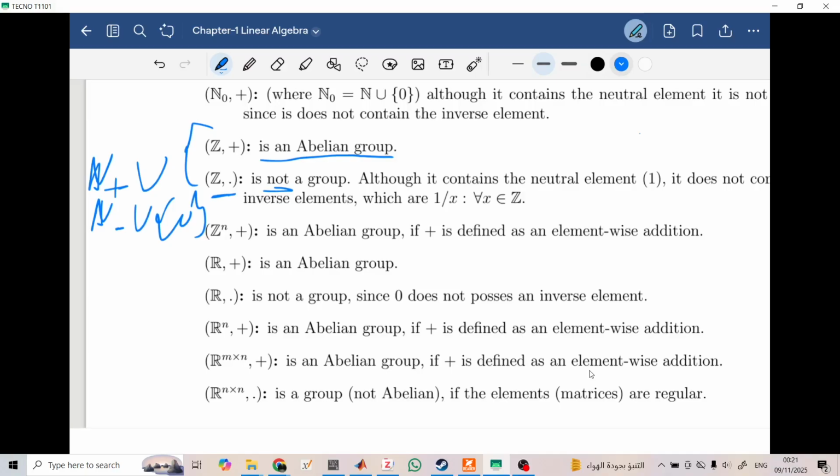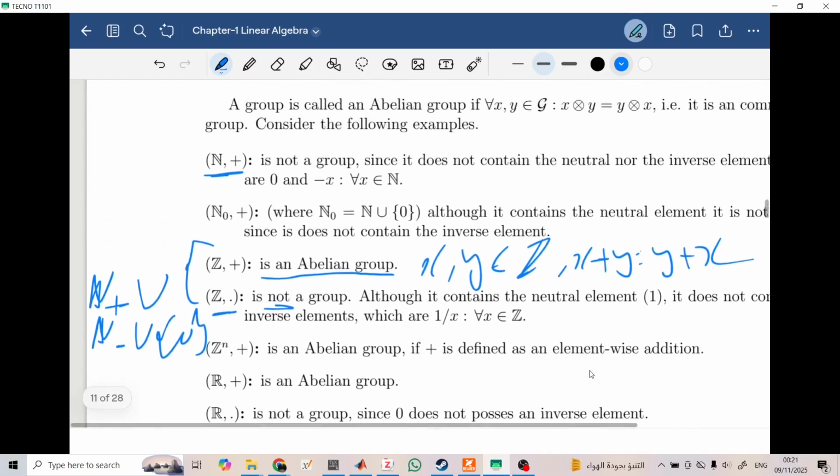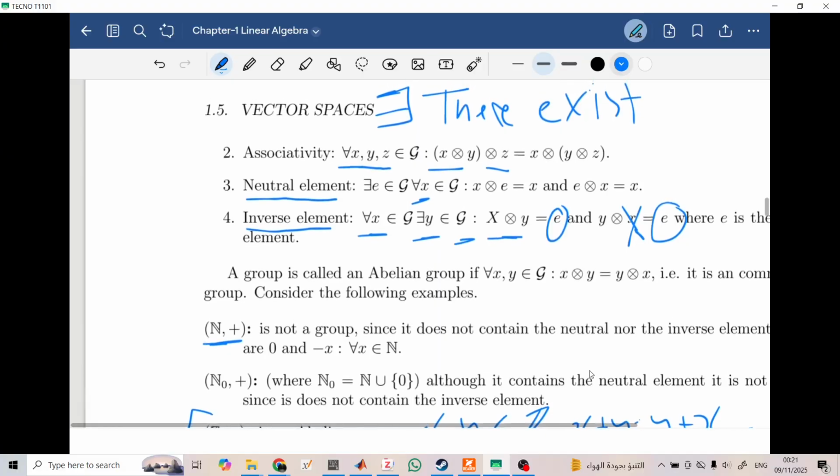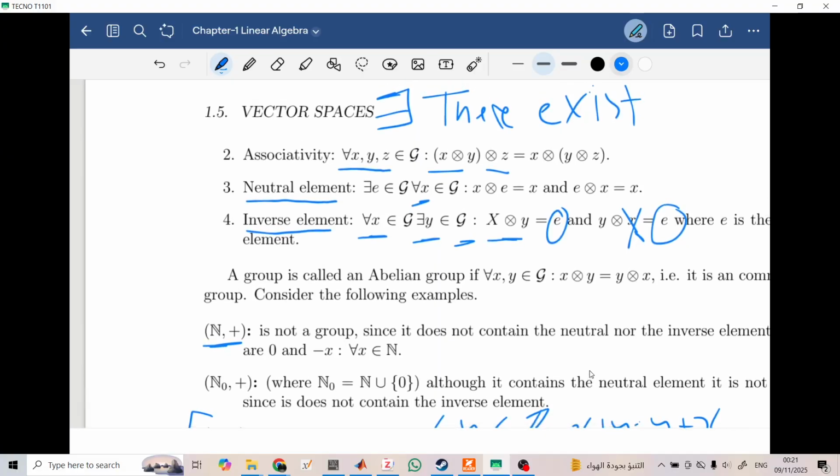Then Z is a group. Let's say that x and y belong to Z, then x plus y equals y plus x. Which condition is it? It is commutative, right?